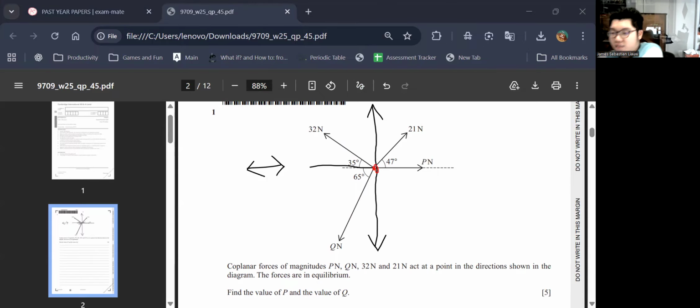Right. Resolving horizontally, we can observe that, let's say this direction is positive and this direction is negative.